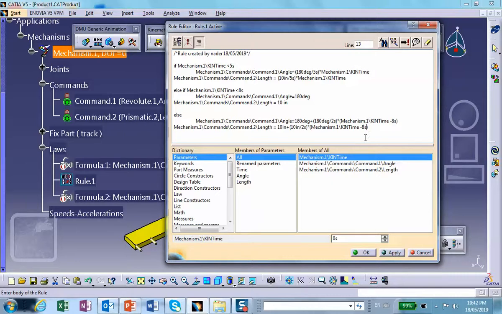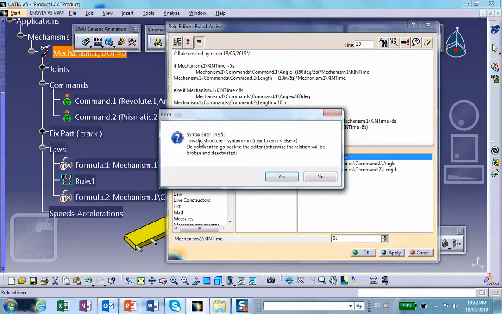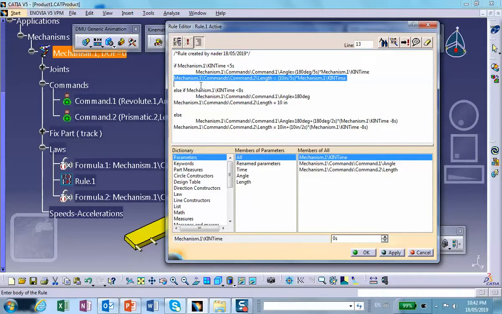Okay, good. Now, everything looks good, except that I will get a syntax error. It says invalid structure, syntax error near this. The reason this is happening is that if you have 2 lines to be executed, if something, then this, and then that, you need to put them in braces.